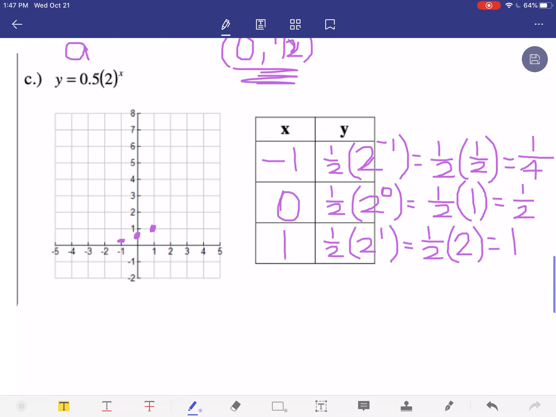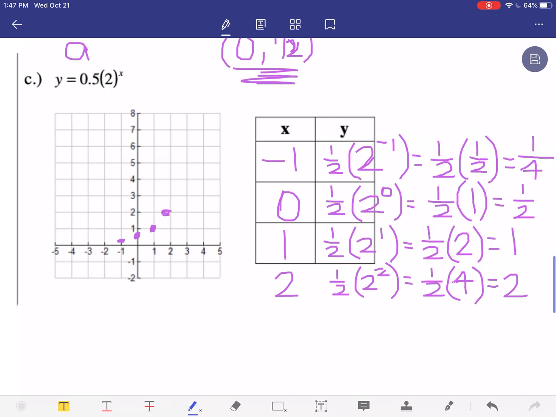Now let's go ahead and do another point here just because I think it'll fit on the graph, just so we can see this a little bit better. If I use 2, I'll plug in 1/2 times 2 to the second power, or 2 squared. 1/2 times 2 squared is 4, and 1/2 times 4 would give me 2. Okay, so that will be a point at 2, 2.